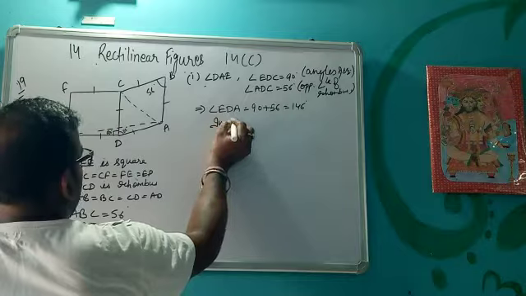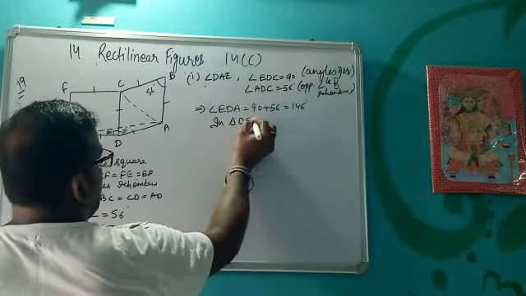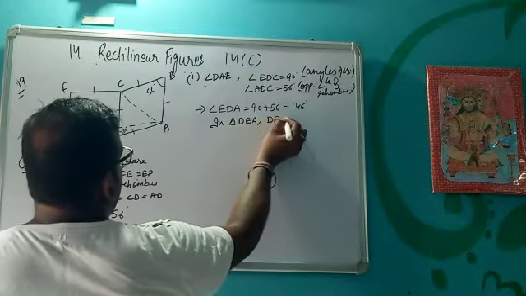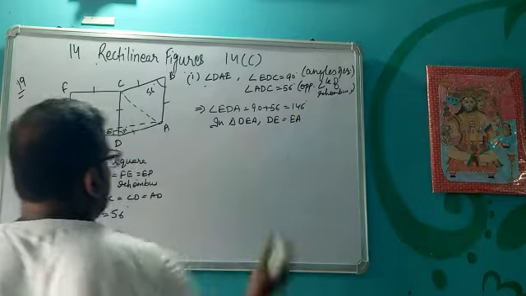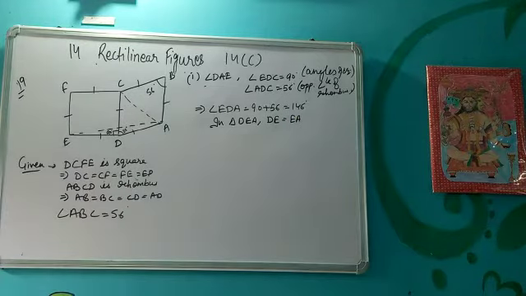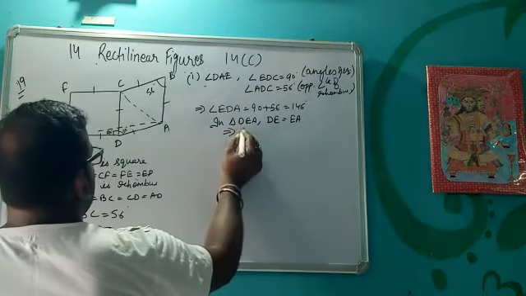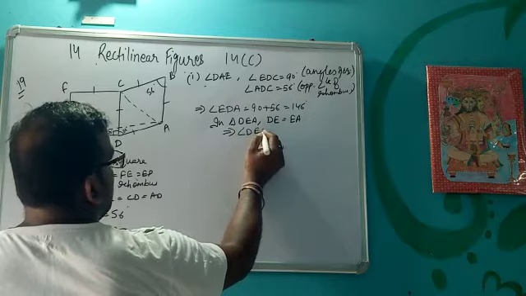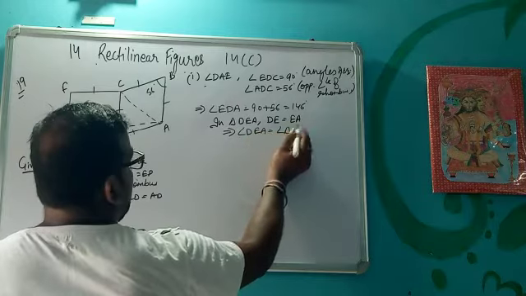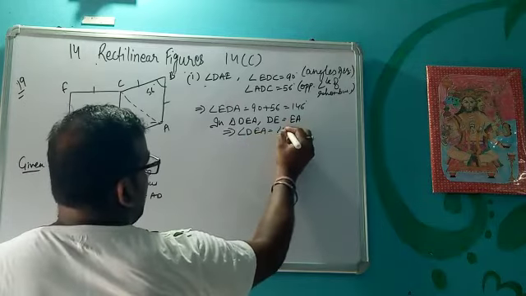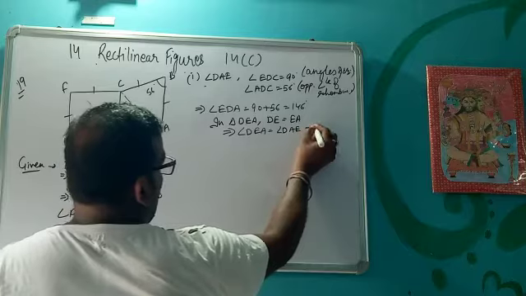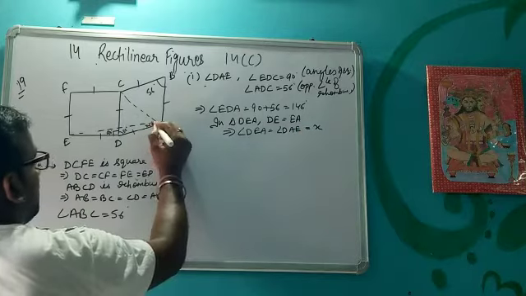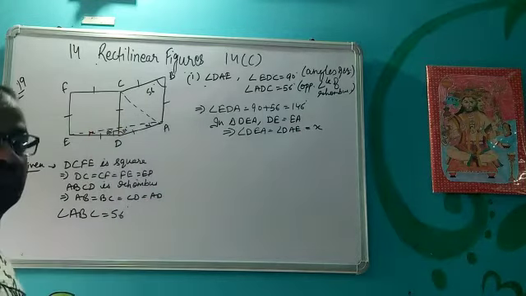Now we will take triangle DEA. DE equal to EA, this we have already proved. So these two sides are equal. That means angle DEA is equal to angle DAE. Let these two be equal to x.